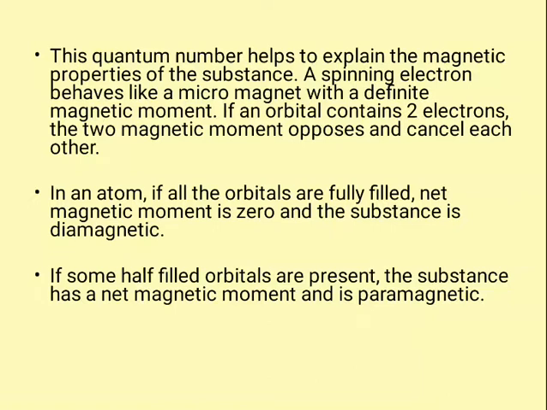So if an orbital contains two electrons, the two magnetic moments oppose and cancel each other. So in an atom, if the orbitals are fully filled, then the net magnetic moment is 0 and the substance is diamagnetic. But if some half-filled orbitals are present, then the substance will have a net magnetic moment and is paramagnetic.